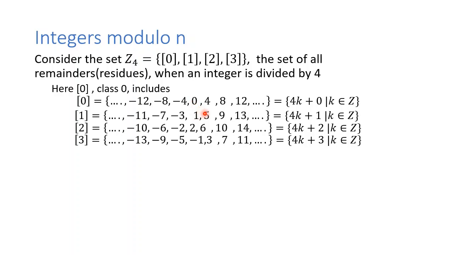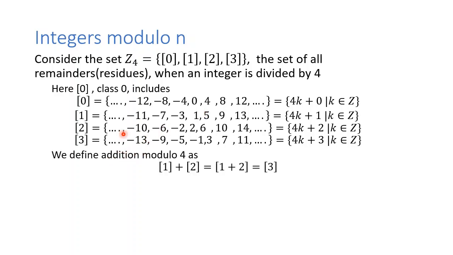When you are adding 4 and 1, you will have 5. When you are adding 8 and 5, you will have 13. So, when class 0 is added with class 1, you will get the elements in class 1. Similarly, when adding class 1 elements to class 2, you will have the elements corresponding to class 3. You may verify here.